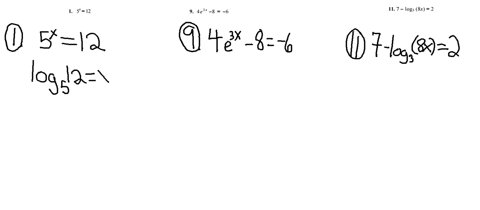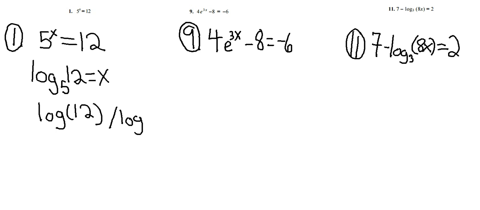equals x. Okay? After that, you're going to have to put in your calculator. You're going to use change of base in your calculator, and you type that in by log of 12 divided by log of 5.